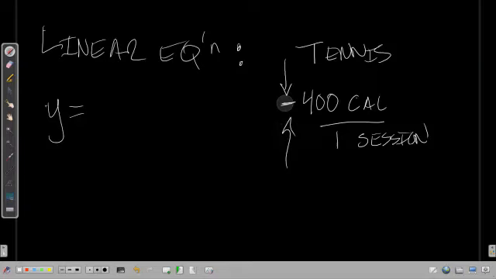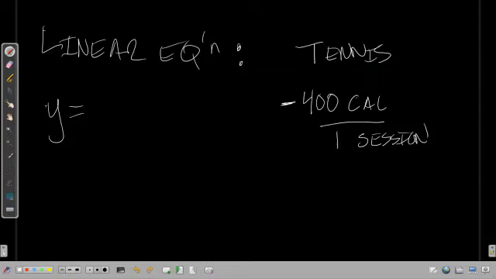I burn 400 calories per one session. And if you don't make the number down here 1, then you are making it more difficult than is needed. So don't. The number in the bottom can just be 1.